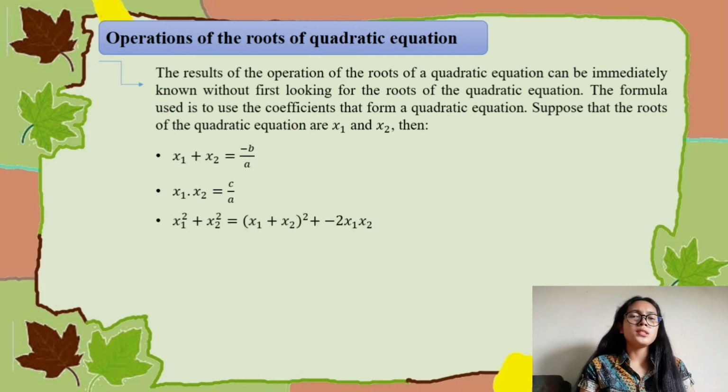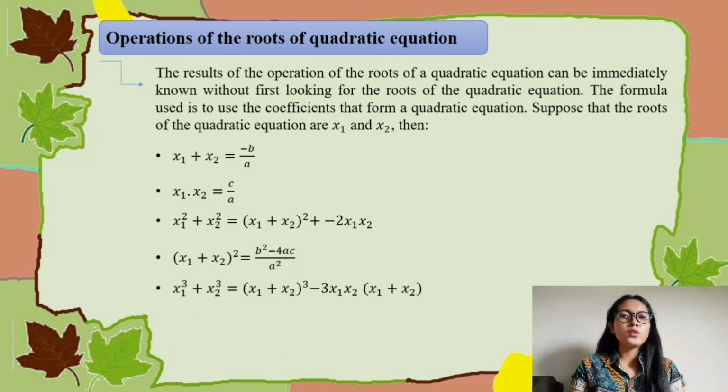x1 squared plus x2 squared equals quantity x1 plus x2 squared minus 2 x1 x2. Then quantity x1 plus x2 squared equals b squared minus 4ac over a squared.